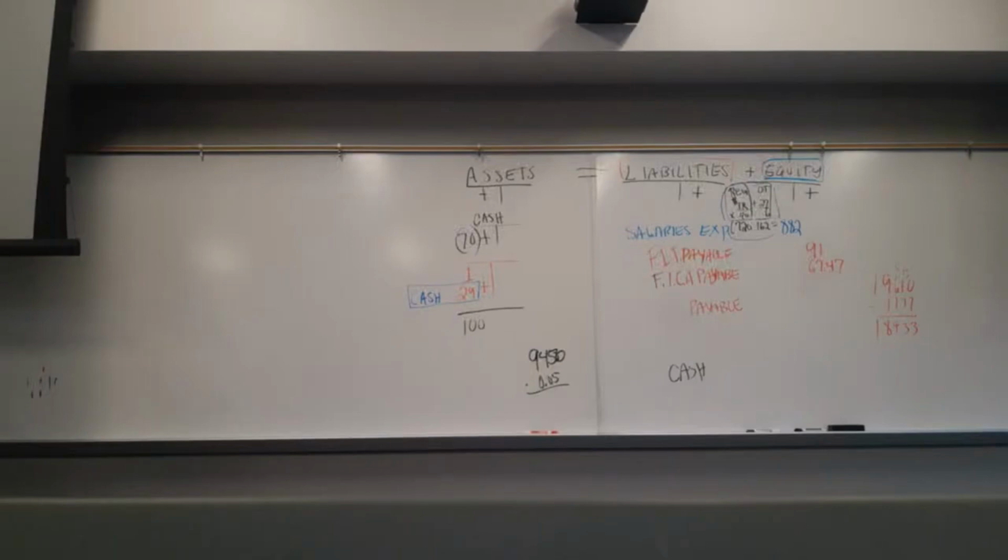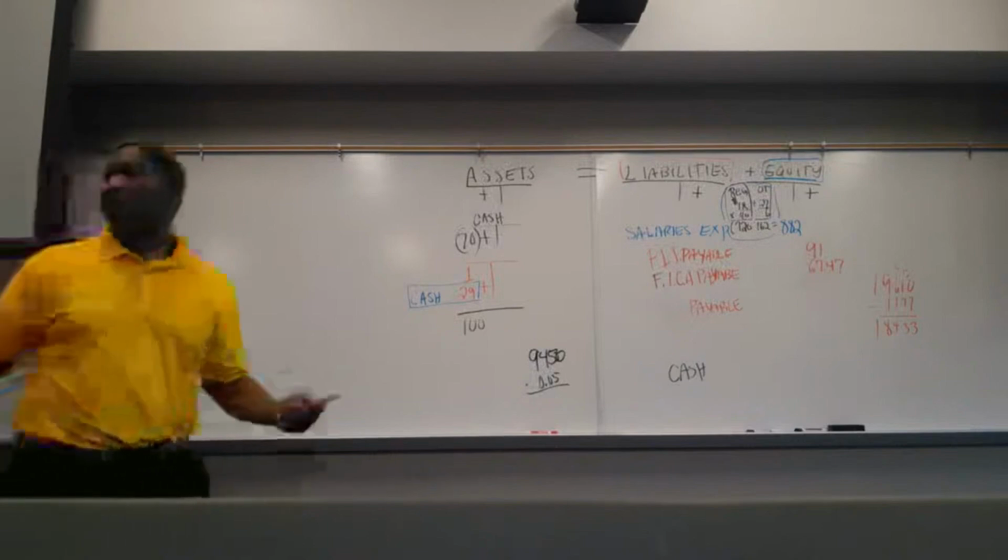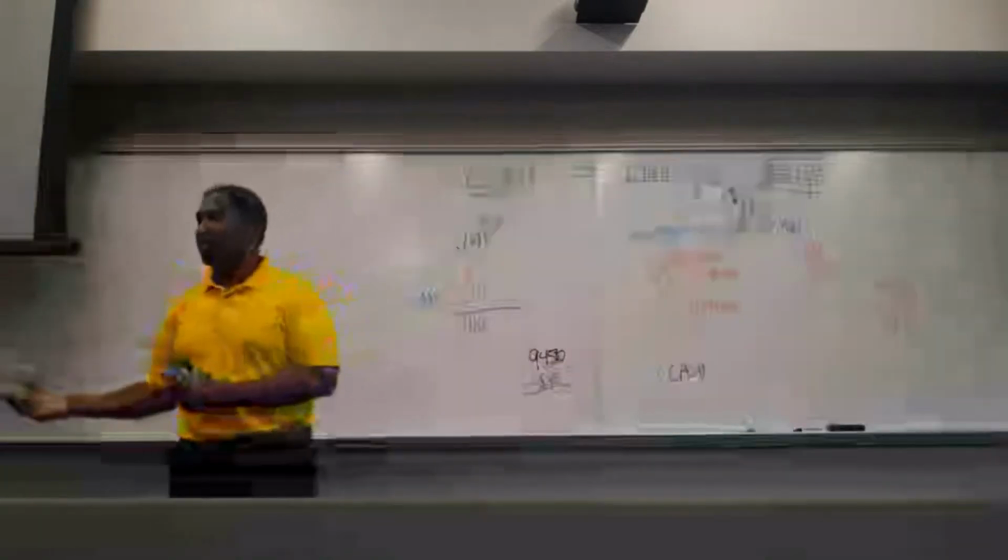Then you have $91 that you, employer, are going to have to pay for federal income taxes payable. Then you're going to have to pay $67.47. How much is your employee actually going to get in their hands? The difference between that, right? Think about our checks. We get less than what we signed up for.